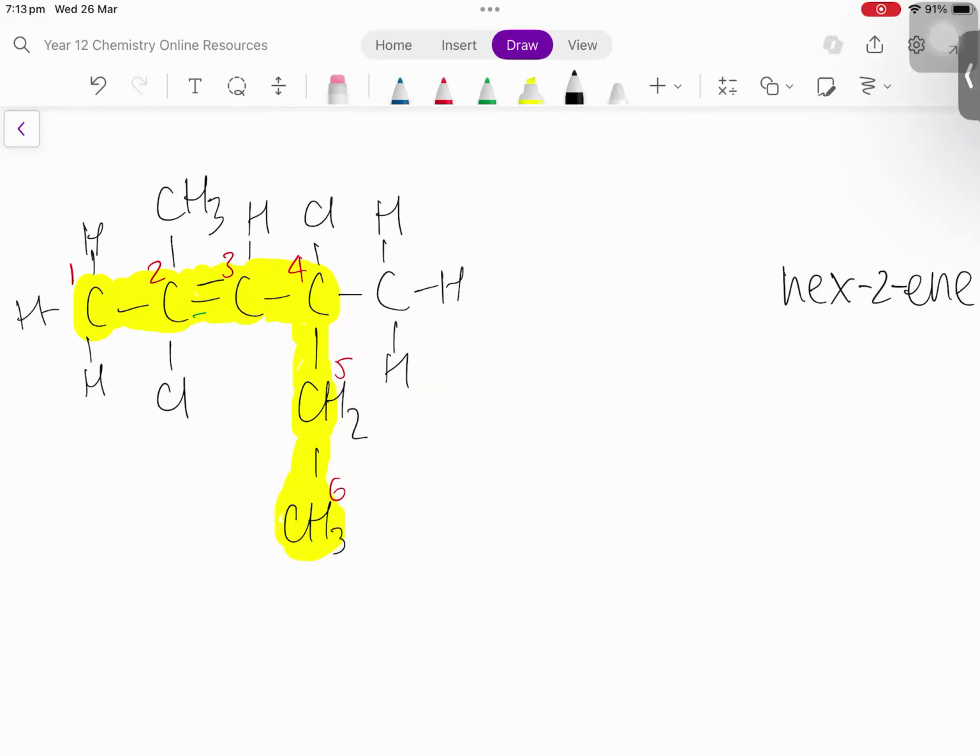How many branches do you see? How many extra carbons besides the 6 that I've highlighted? 2. I've got this here and I've got this here. All right. Now, guys, each bubble has the same number of carbons in it.